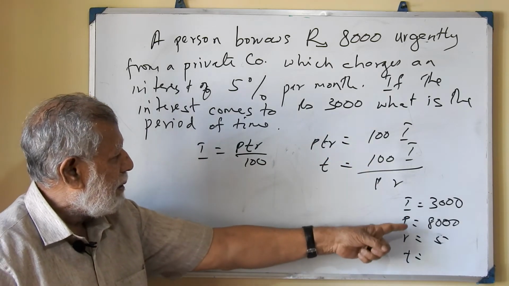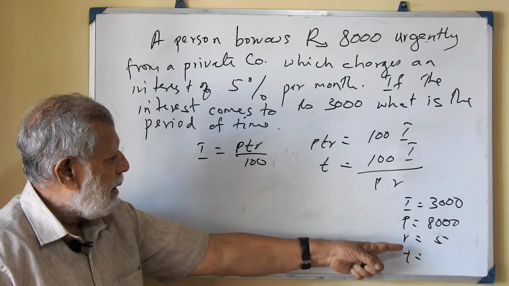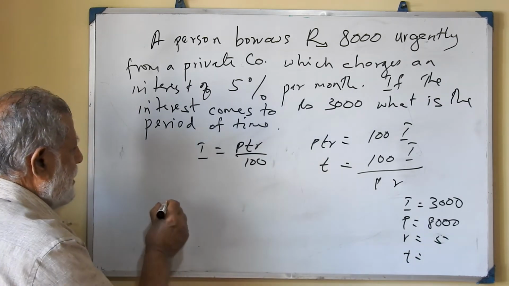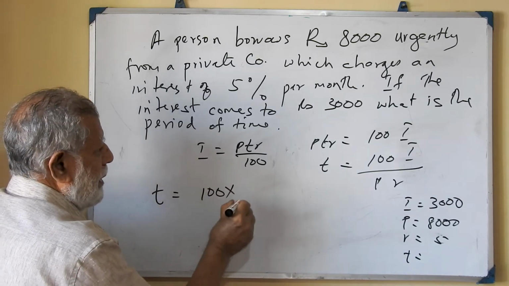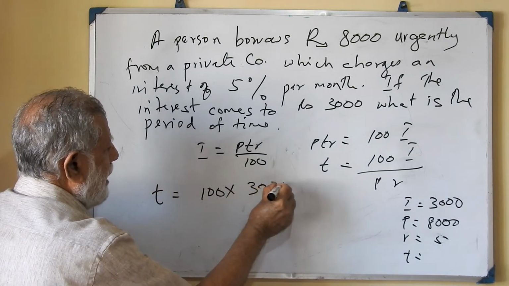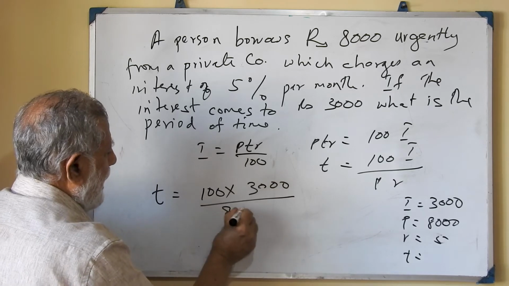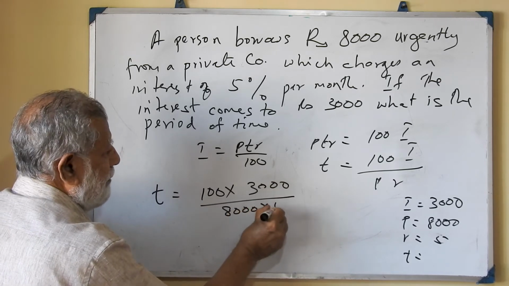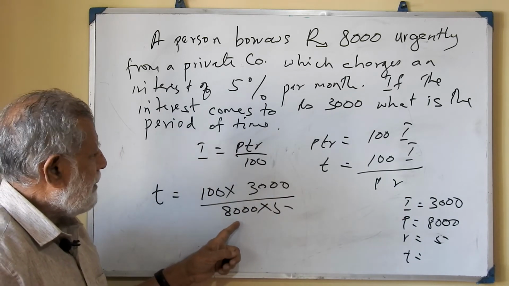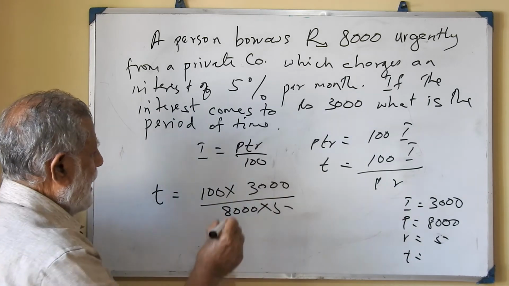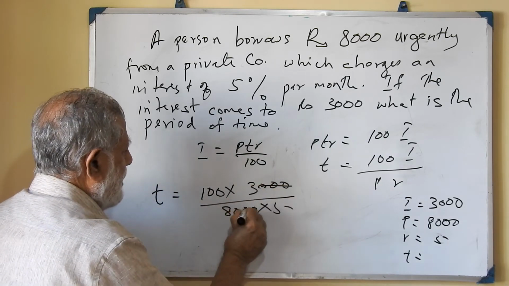So I is equal to 3,000, P is 8,000, R is 5. So T is equal to 100 into 3,000 divided by 8,000 into 5. That is 100 into interest over principal into rate. So 3 zeros going and 3 zeros going.